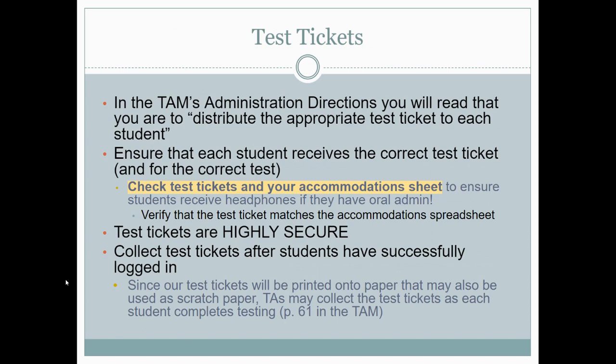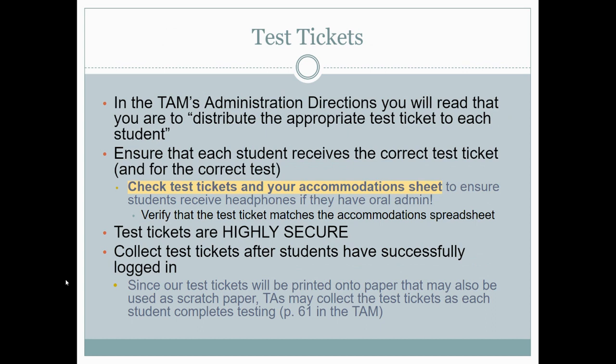Test tickets. If you have students testing with accommodations in your room, do not assume that the test ticket is correct. IEPs, 504s change, and they change after the test portal has been uploaded. So please use your accommodations spreadsheet to confirm a student's accommodations, especially if they have large print or oral administration. Oral administration is a big area that can lead to test violations.